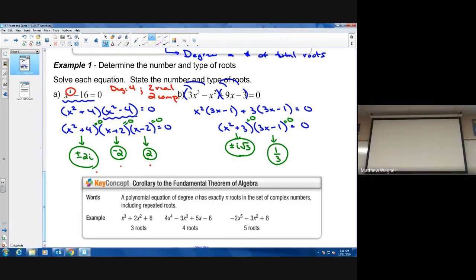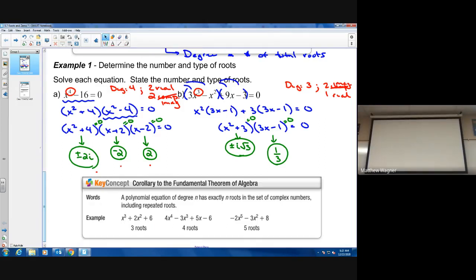So at this point again, we know our degree is 3, so there's going to be 3 roots. And it looks like we have 2 complex and 1 real. Or you could say 2 imaginary, if you want to say imaginary, because those have that i component to them.